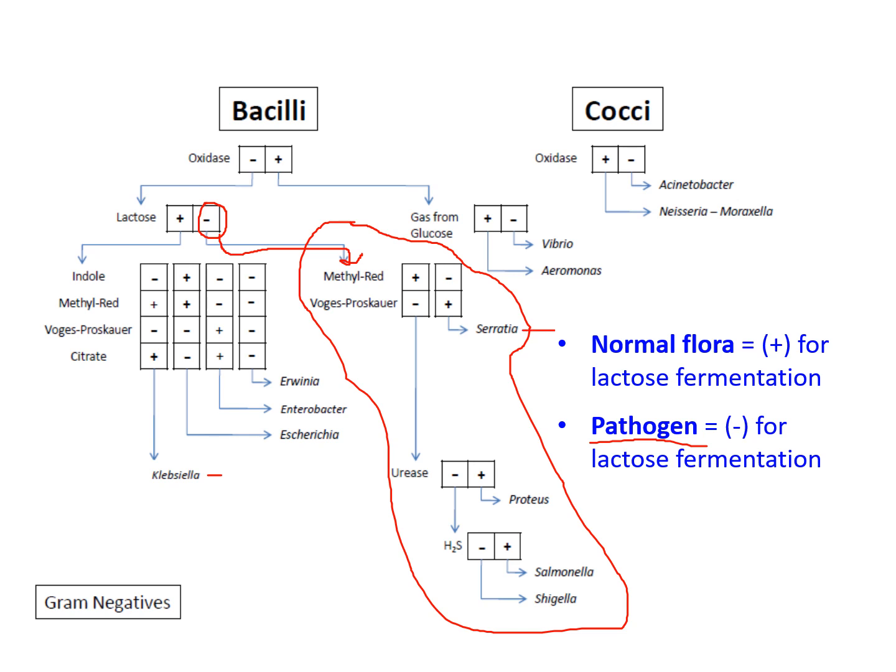So Serratia, Proteus, Salmonella, and Shigella are pathogenic enteric bacteria, because pathogenic bacteria are negative for lactose fermentation. Make sure that you do know that. So pathogenic ones are negative for lactose fermentation, and positive for lactose fermentation would be part of your normal flora.